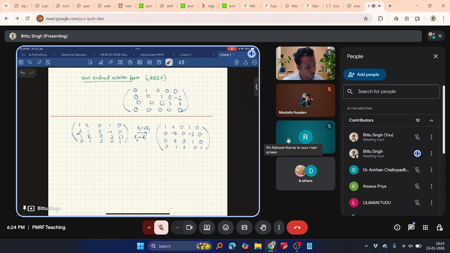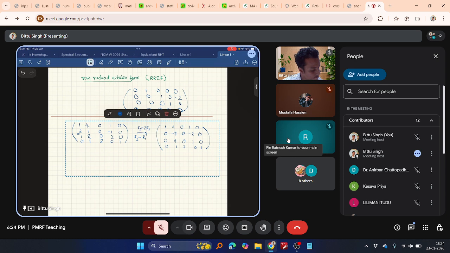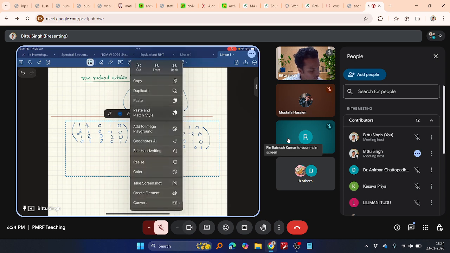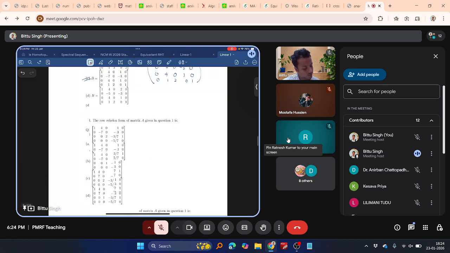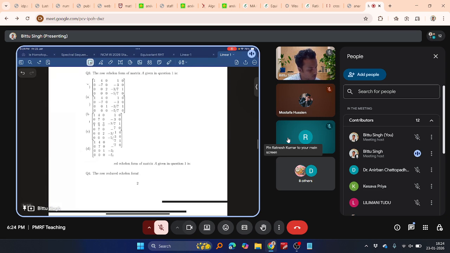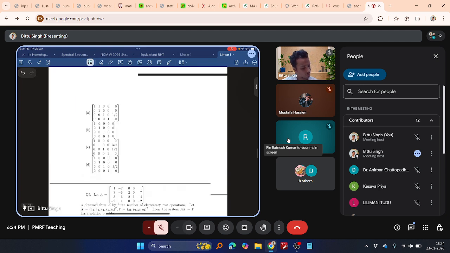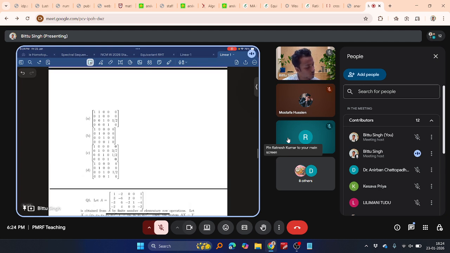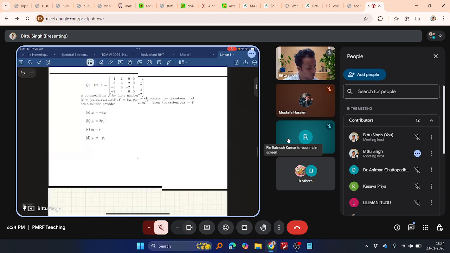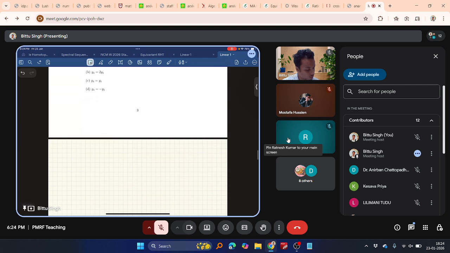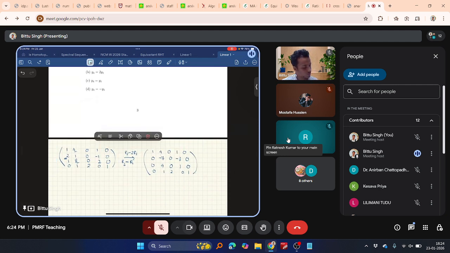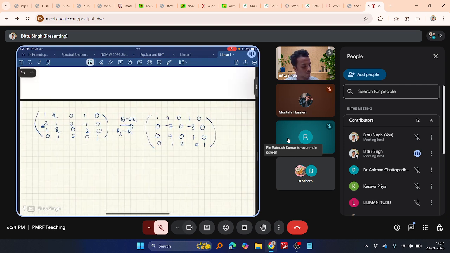Okay, let me complete this example. We need to find the row reduced echelon form of this matrix. So let me do it. This was the matrix after the first operation.